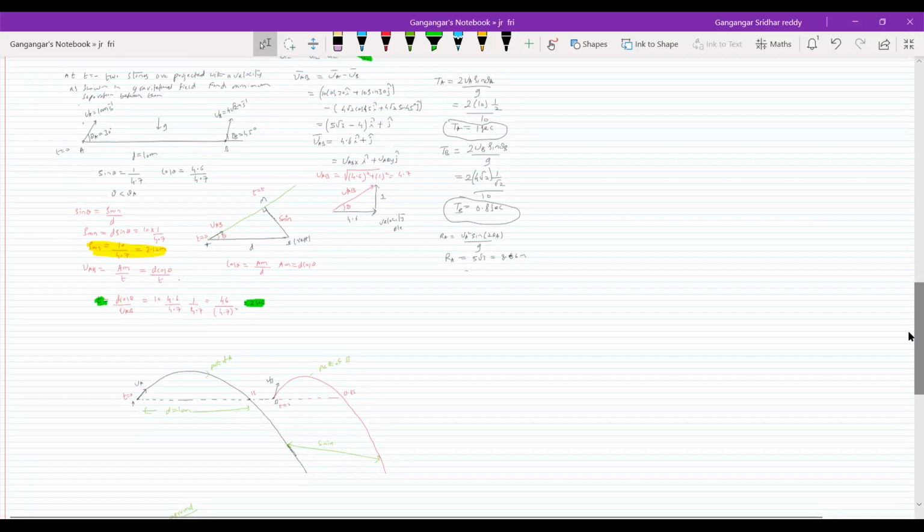Everything we discussed: this is not 10 meters, it's only the range.